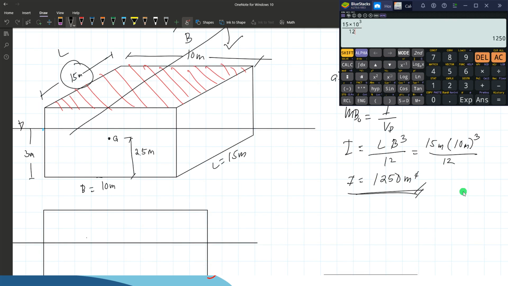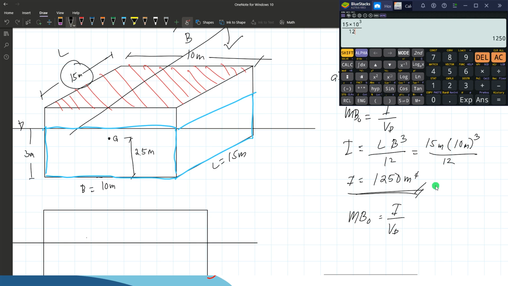Then we can now solve MBO. The volume displaced is the volume submerged, so just find the area and multiply by the length.